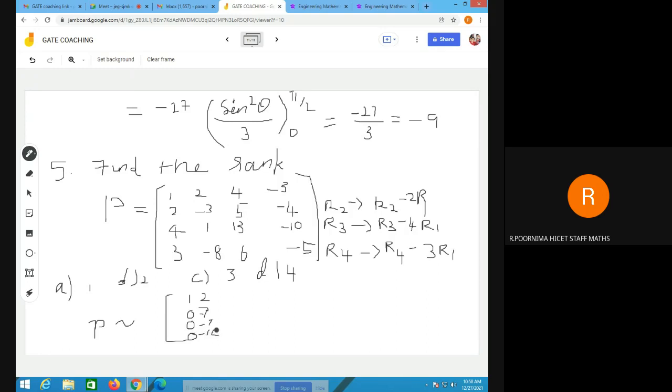Okay, you can do it simultaneously. It's very simple, you are applying only the operations. Next, 4 minus 3 minus 3, minus 6. Next, the last column: minus 3, 2, 2, 4.